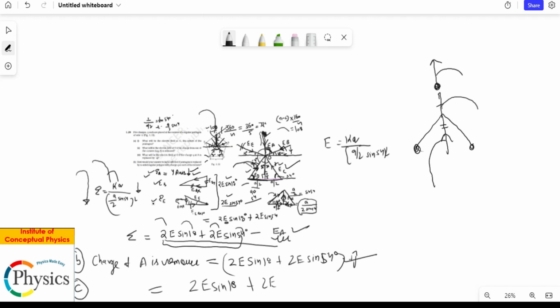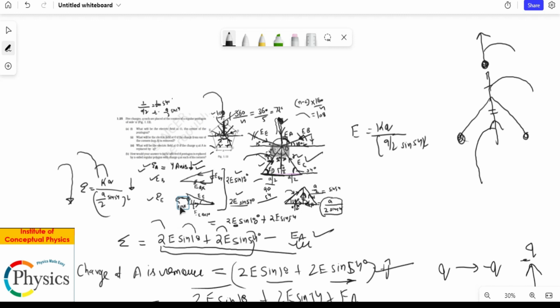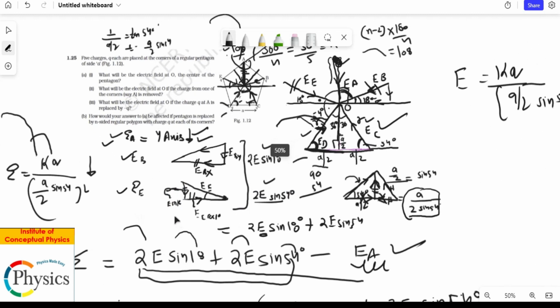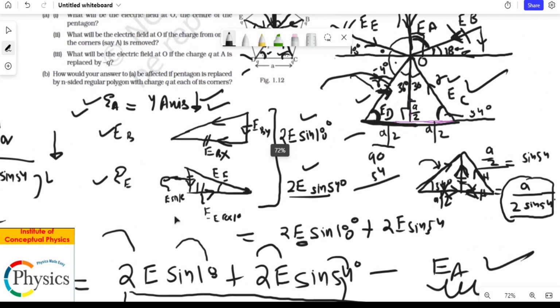I have 2e sin 54, and then I have a plus e, because changing the direction has to be done, because q has been replaced with minus q, and if it is a minus q, the electric field is towards the charge. And this is what I did. I just reversed it, and therefore I can add all the electric fields like numbers. Okay, so this was also straightforward, and why I'm able to do it so smoothly is because I got my diagram correct, and I'm able to solve for vectors very, very simply.